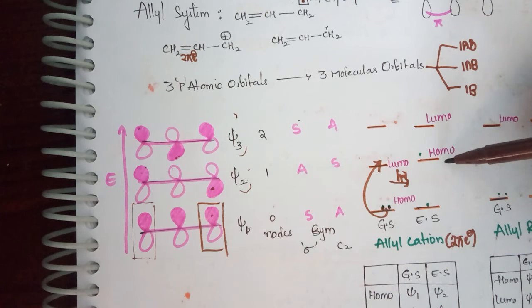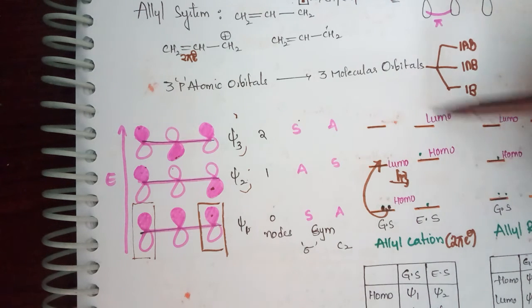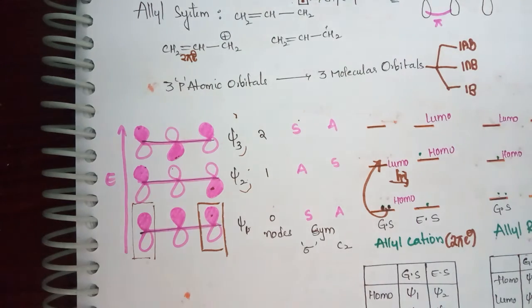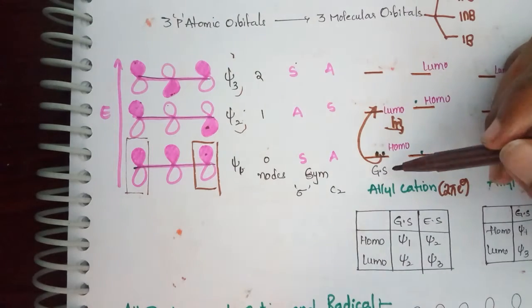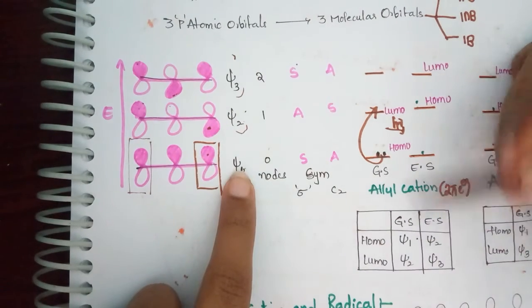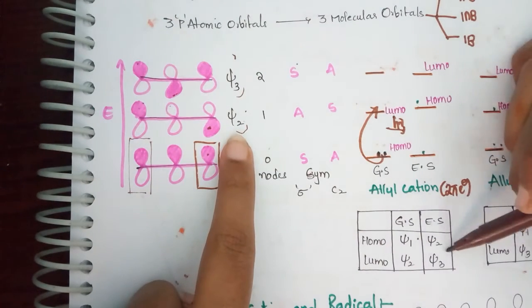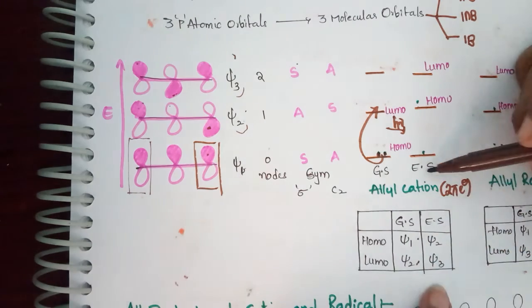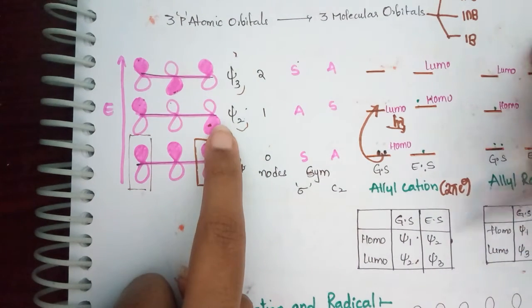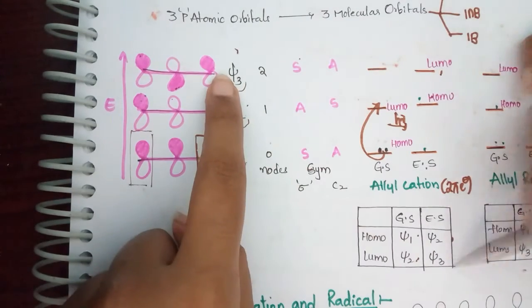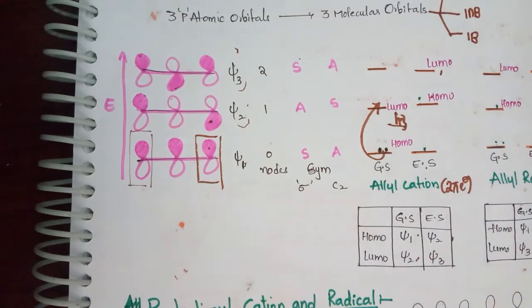Out of these 2, this one has the highest energy, so it is known as HOMO. And this is the only 1 unoccupied, so you can write it as LUMO. So in the allyl cation, in the ground state, HOMO is psi1 and LUMO is psi2. In the excited state, HOMO is psi2 and LUMO is psi3. You have to draw a box below it.